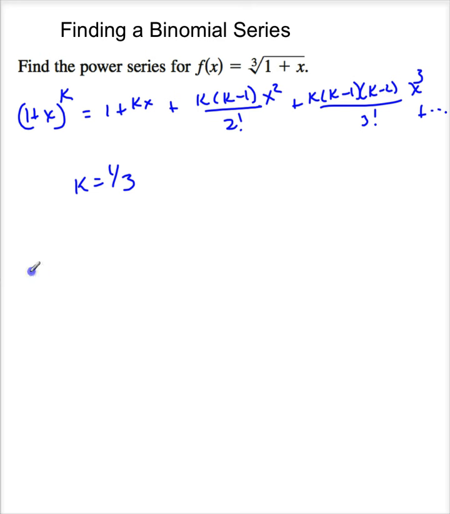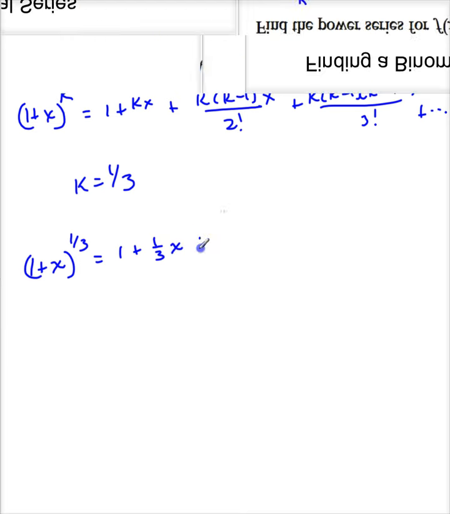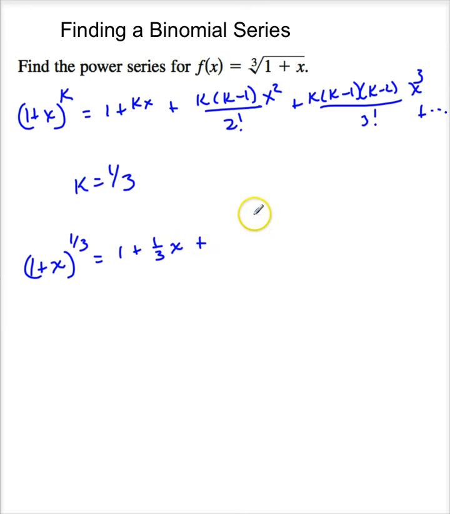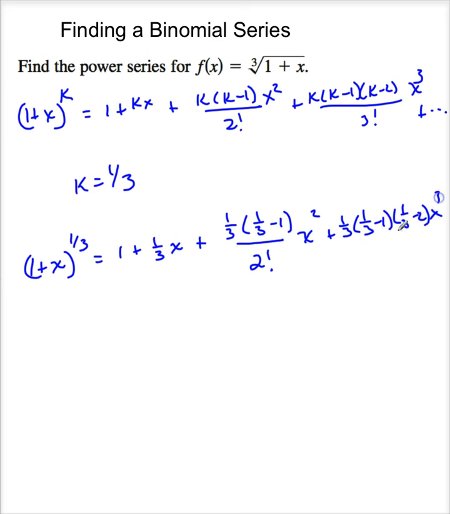So I can write that (1 plus x)^(1/3) is equal to 1 plus 1/3 x plus, all right, now this is going to get a little messy, 1/3 times (1/3 minus 1) divided by 2 factorial x squared plus 1/3 times (1/3 minus 1) times (1/3 minus 2) x cubed divided by 3 factorial, and so on.